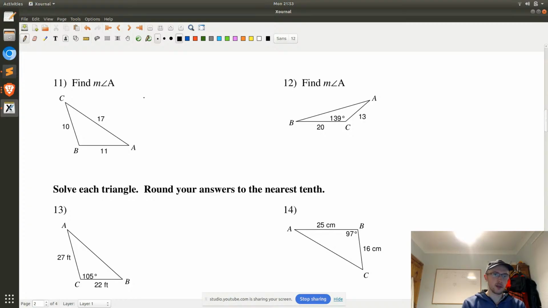Okay, so this is cosine rule, but like in this way.